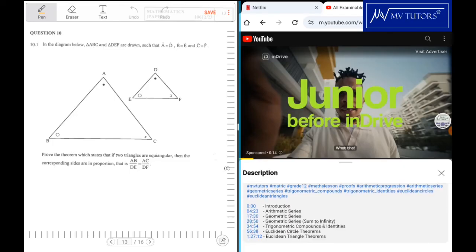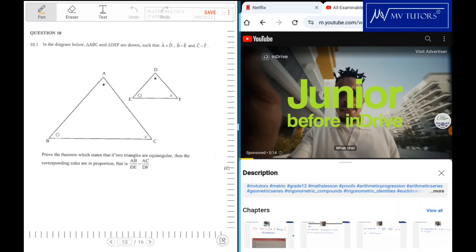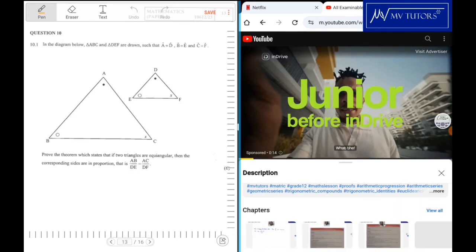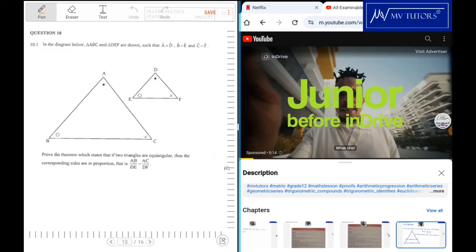So we have the Euclidean triangle theorems. Just go straight there. Okay? And you will come across it. Yeah, so far it doesn't want to go there. Why? But yeah, basically I do cover the triangle, and I think it's the first one.